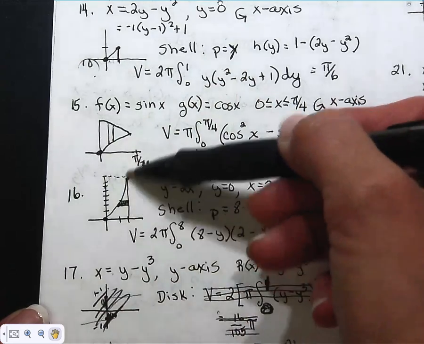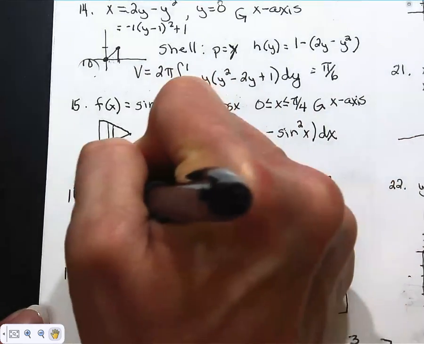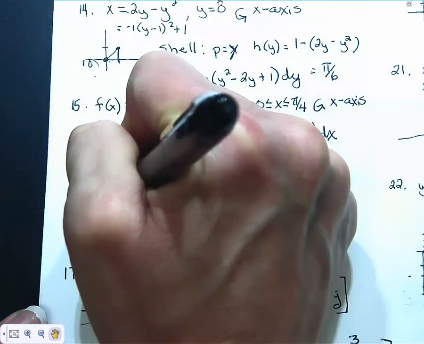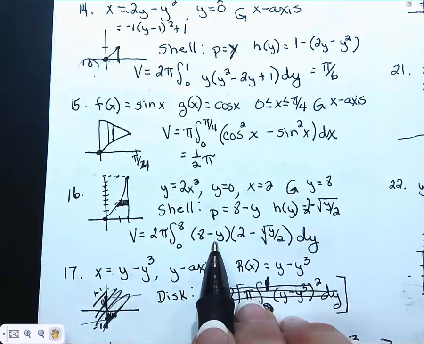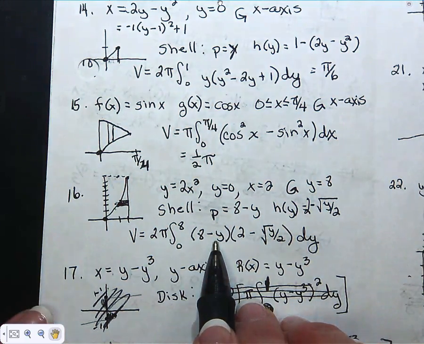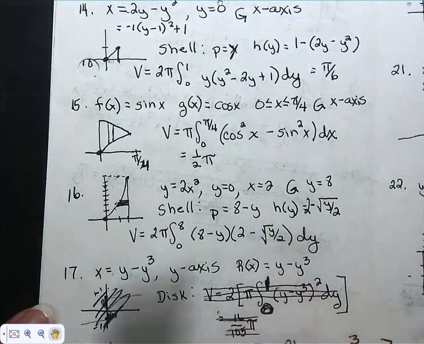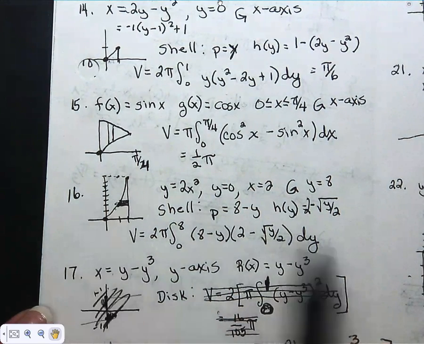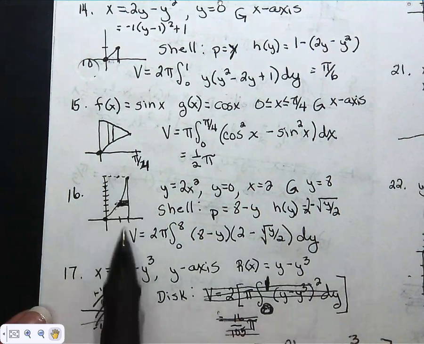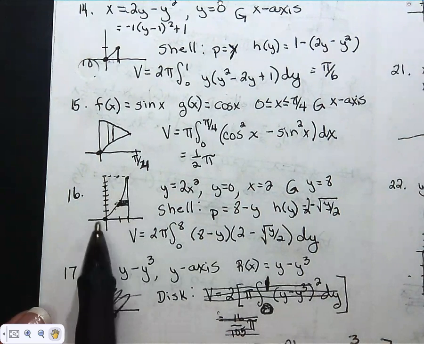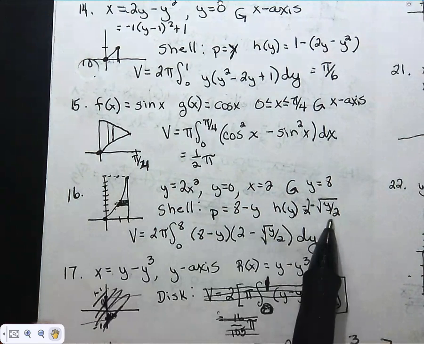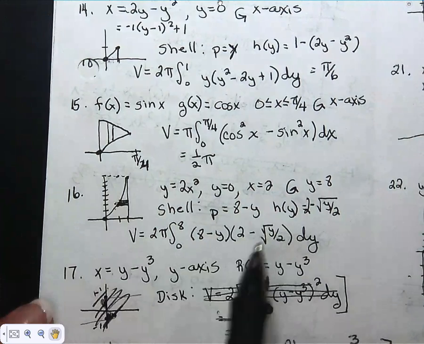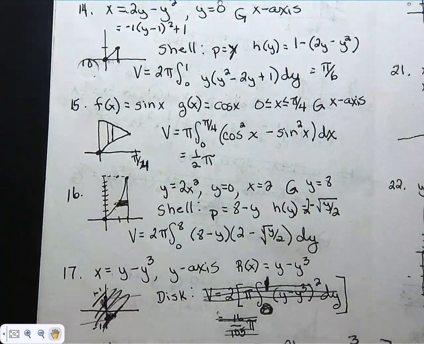As this slides up, that distance would be 8 minus y. The height of the rectangle would be left boundary minus right boundary in terms of y, not x. So left boundary is 2, right boundary is square root of y over 2. So the height of each rectangle is 2 minus square root of y over 2.